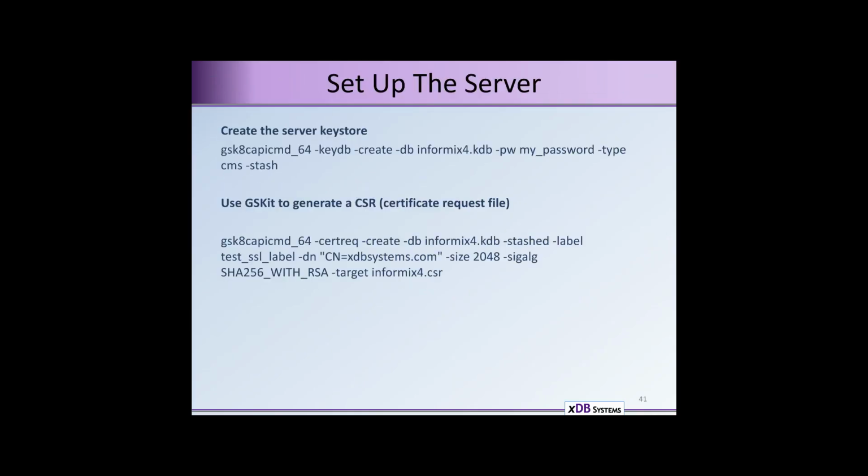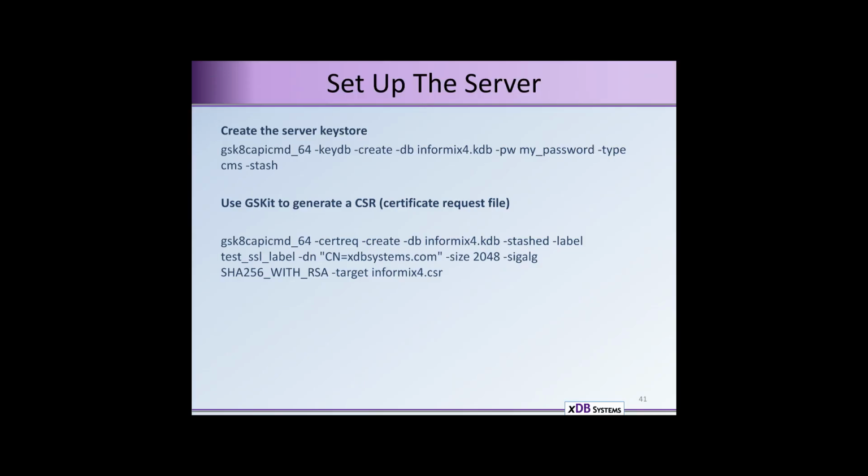Set it up. So we're going to create the key store with GSKit. Again, you can do this with OpenSSL if you want to, just like we did earlier. And then rather than doing it with generating a key, we're going to create a CSR. So you'll actually see this -cert request flag, and then we're going to tell it all the information.